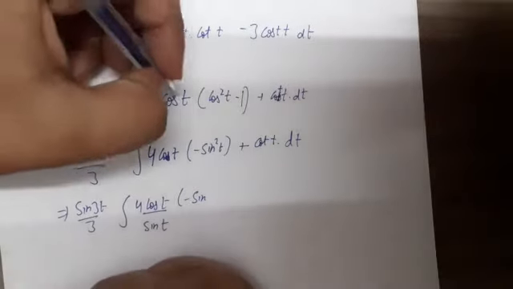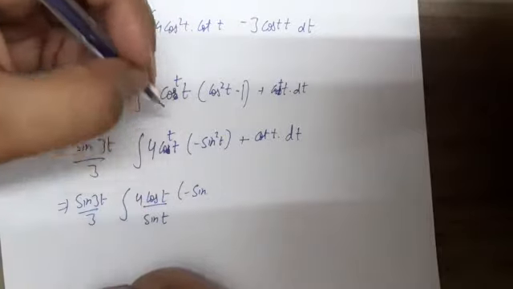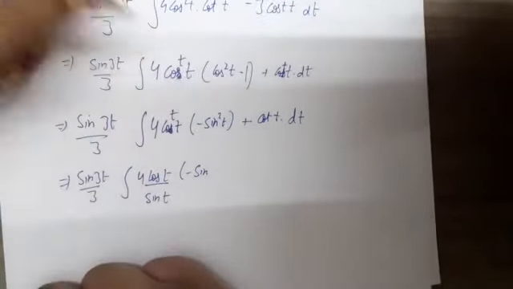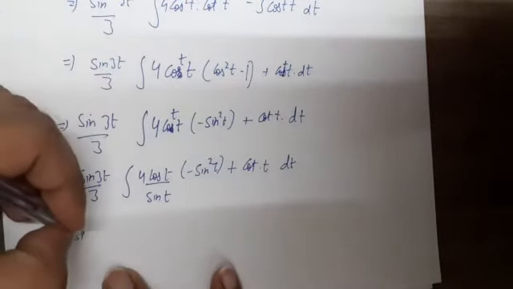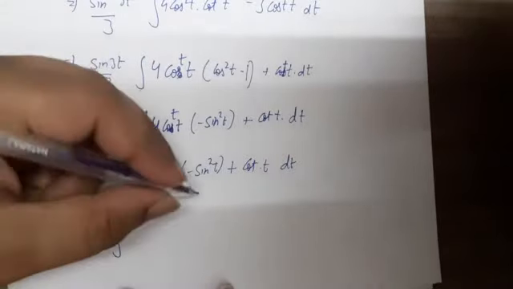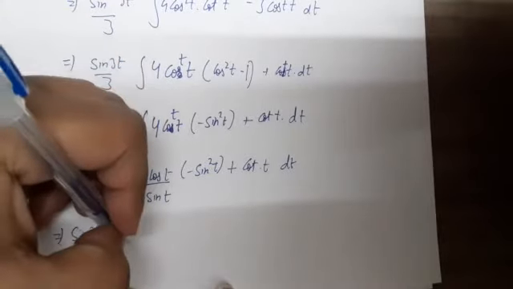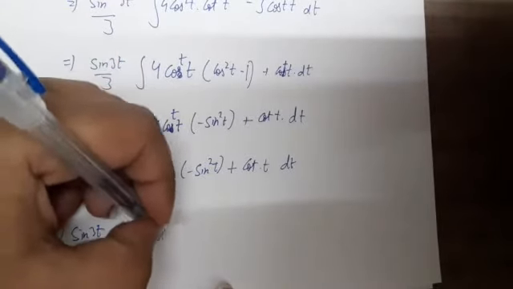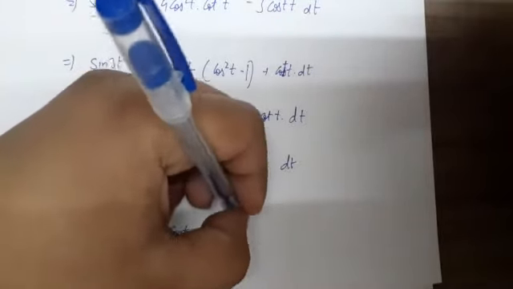Oh, I'm so sorry. Here it was cot t, and since cot t equals cos t by sin t, the minus sign will come out and sin gets cancelled, so it will be minus 4 cos t sin t plus cot t dt.